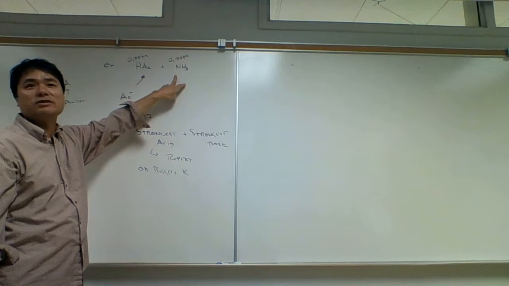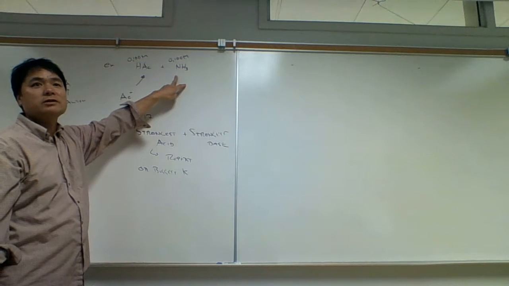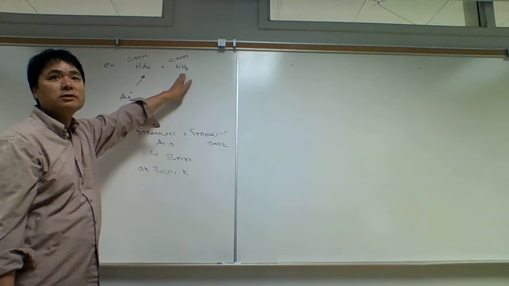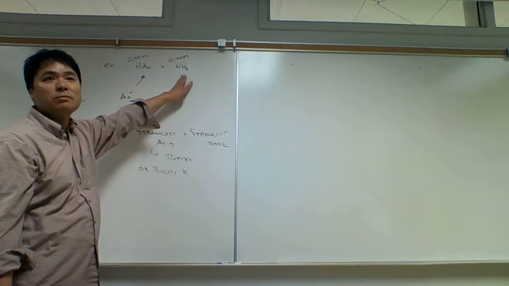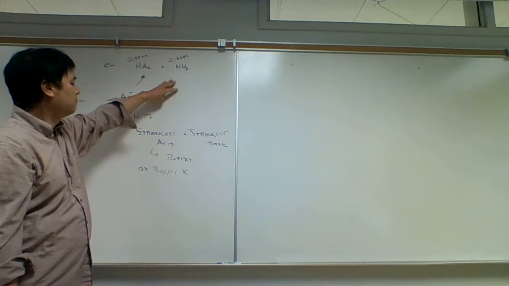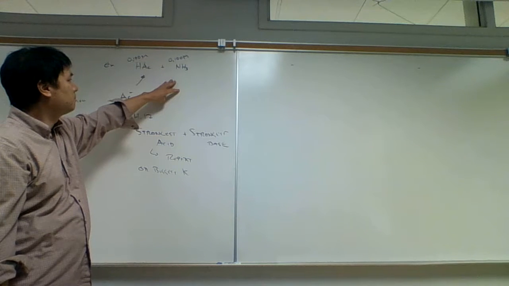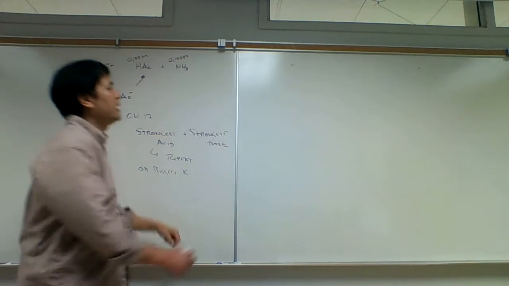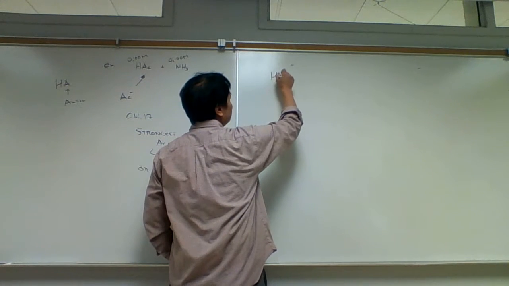Did you know ammonia is amphoteric? But the Ka for ammonia is very small, literally, and so it's negligible, so we ignore it. And so acetic acid or water, which one's stronger? Acetic acid. So the strongest acid present is acetic acid.